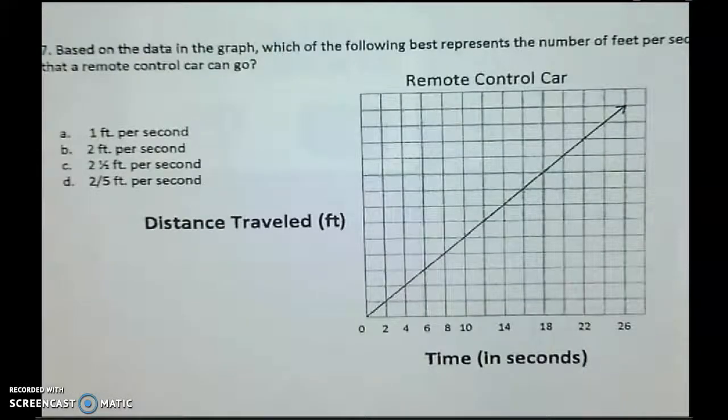Looking at number 7, you're going to finish up number 7 on your own, but let's look at our graph. When we look at our graph, there's something that I noticed. We have time on our horizontal axis, and it's counting by even numbers, 2, 4, 6, 8, all the way up. Distance traveled is on our y-axis. Well, there's nothing labeled on our y-axis. We're going to go ahead and label it. It should be labeled counting up by 2s also.